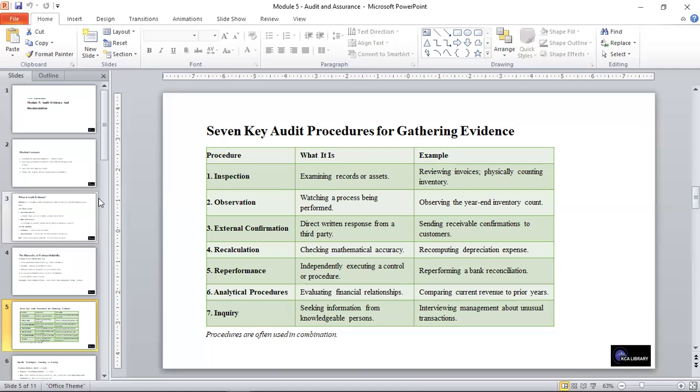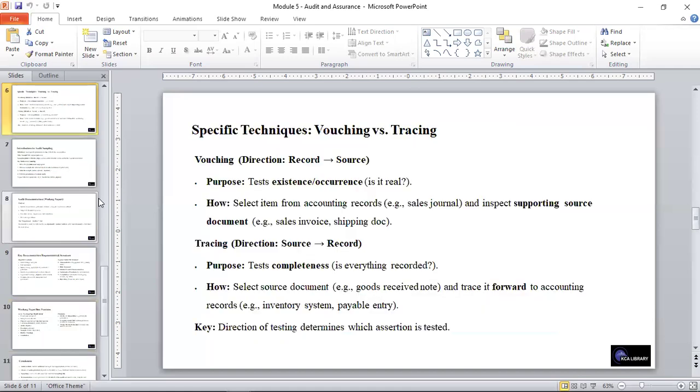Procedures are often used in combination, so they may not be isolated. They can be combined together to be able to gather the necessary evidence that is required by the auditor. There are specific techniques used, and those are vouching and tracing.